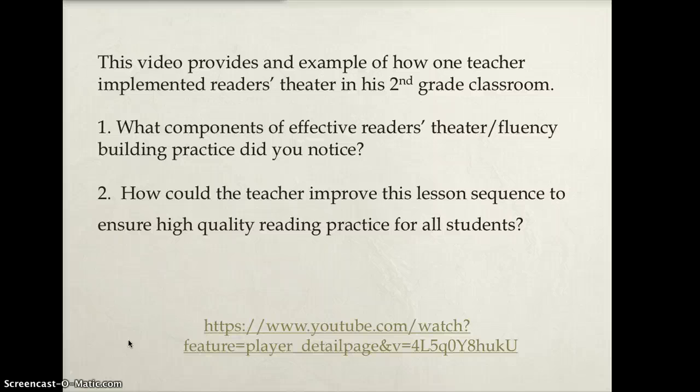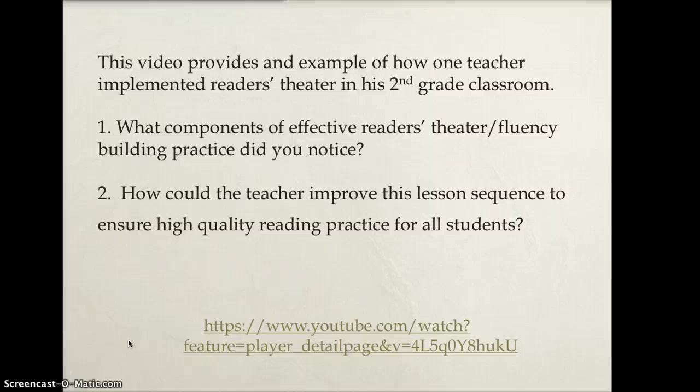And Professor Brandon, at this point, I'd probably hand out some papers that have these 2 questions with room to write, right? And I would like you to watch the video and afterwards take some time to just jot down some notes about the components of effective readers theater and fluency building practice that you noticed in the video. So draw on what we've talked about today in our presentation. What did you see in the video that was effective, that we've talked about?